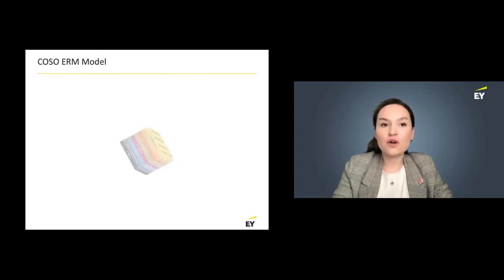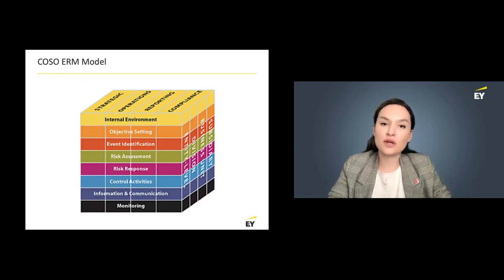COSO is the Committee of Sponsoring Organizations, and this committee provides us with very interesting best practice recommendations in the field of risk management and internal control. The cube you see on your slide is called the COSO ERM model, the Enterprise Risk Management model, published in 2013.